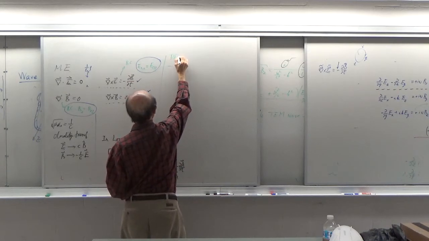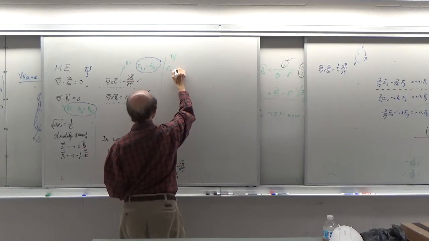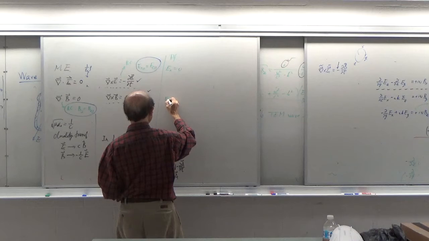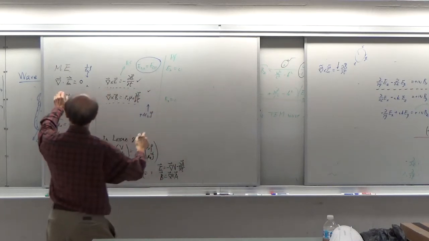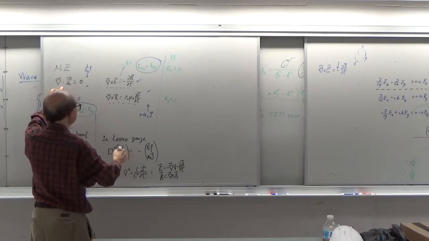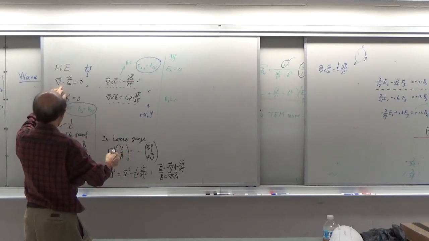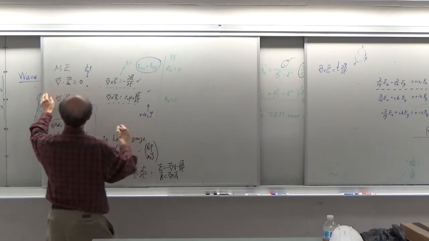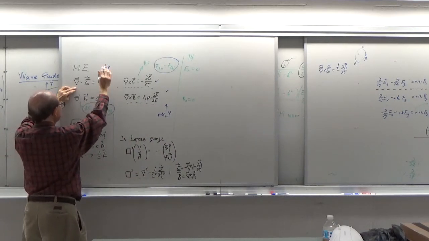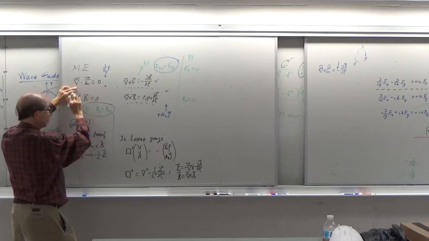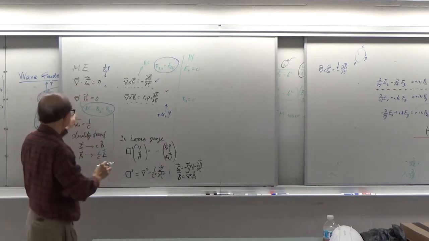Proof. Ex equals 0, Bx equals 0. Let me start with the first Maxwell's equation with the right side being 0, so the divergence of E being 0.